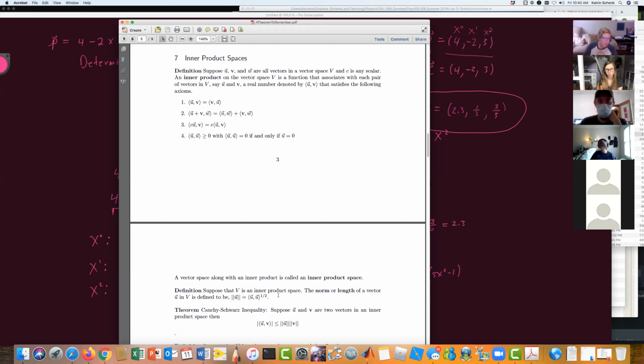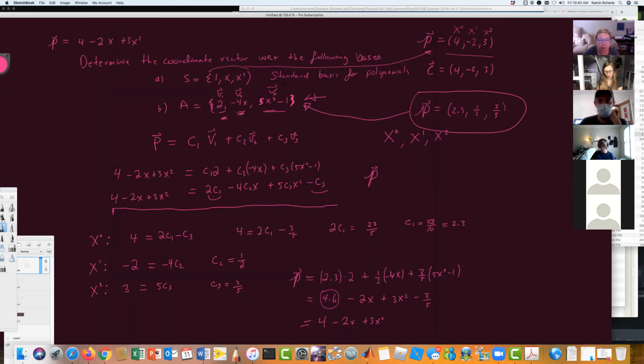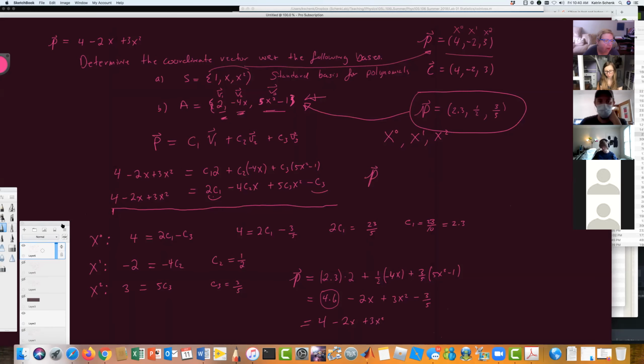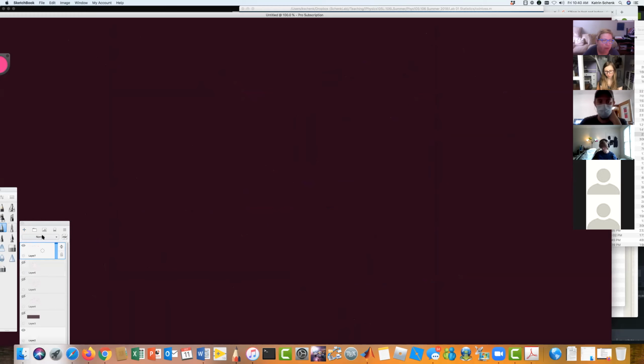Anyway, let's take a look at the regular old dot product that we have in, like, R3 or R2, that you know and love from physics. So let's say we have two vectors, and we're going to go in R2, with V being regular Phys 115 vectors.